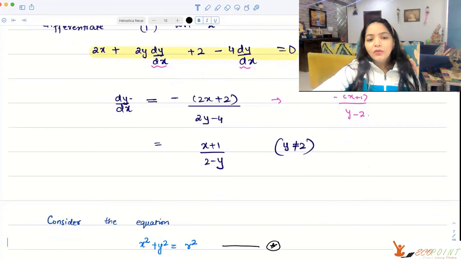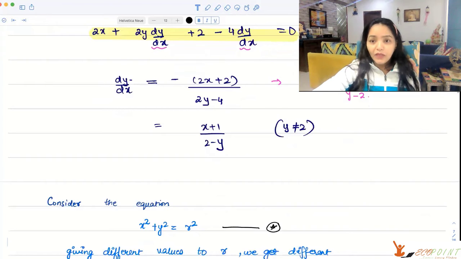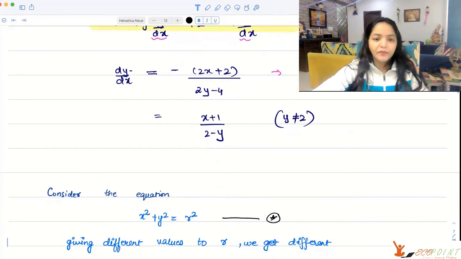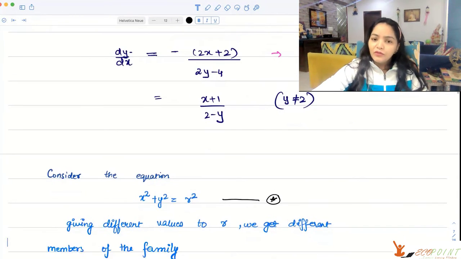Now let's consider the equation x square plus y square equals to r square. That's a general equation. Now I'm trying to give you a gist of this kind of a situation. If you give different values to r, you get different members of this family.